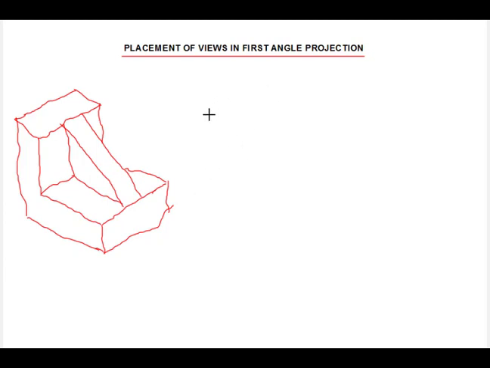Now, what you need to understand is that in first angle projection, there are two view placements possible. Let's look at case 1.